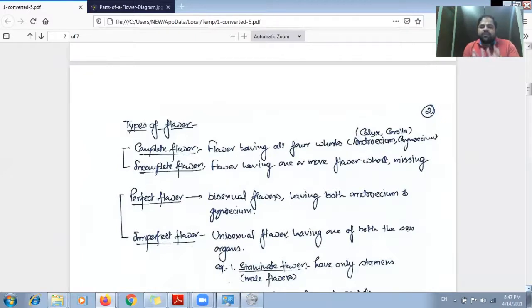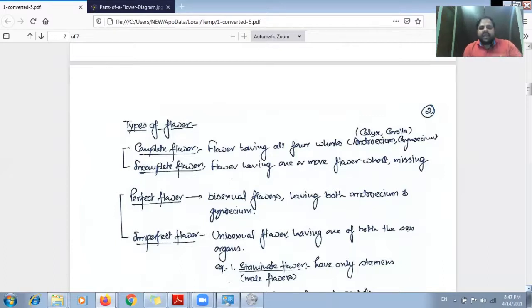If the flower is having all these four parts, then the flower will be called as complete flower. And if any one of them will be missing, then the flower will be called as incomplete flower.